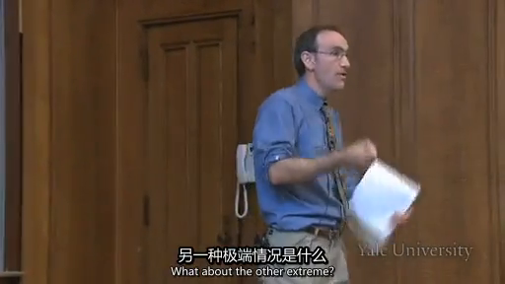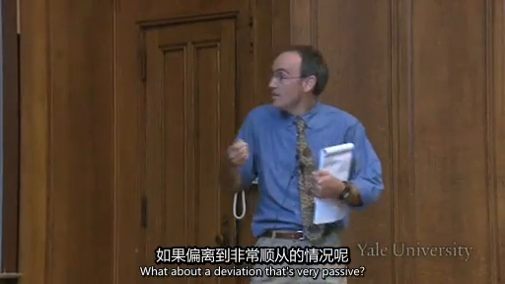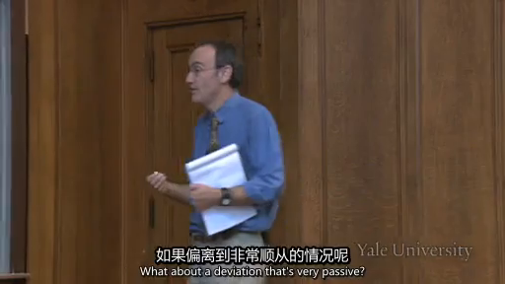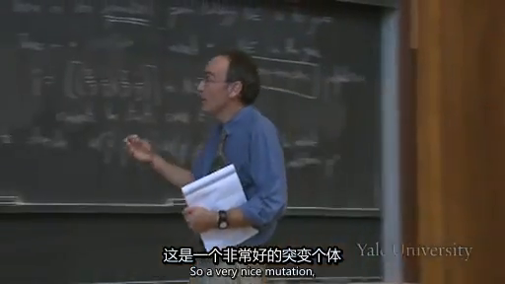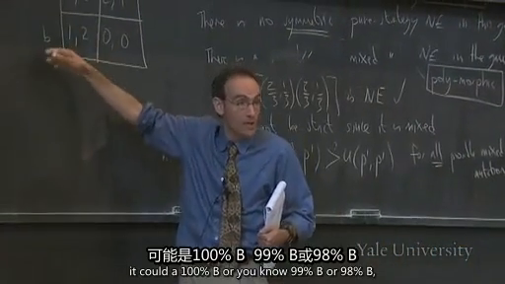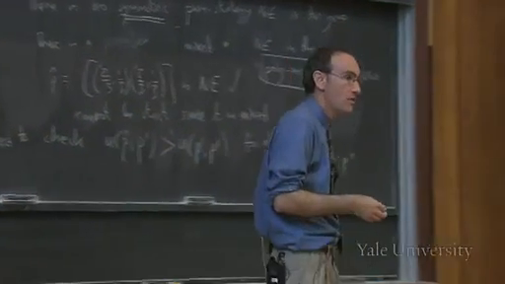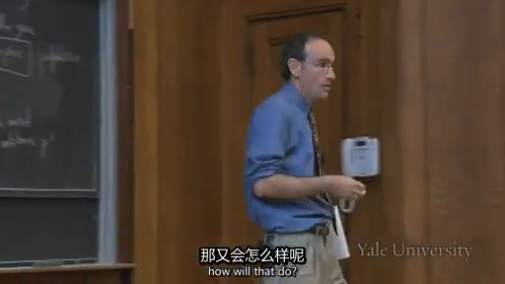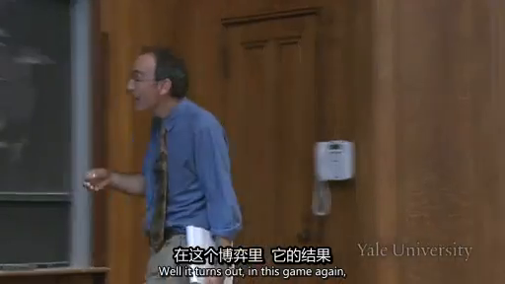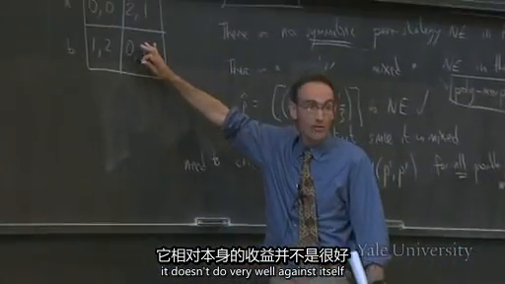What about the other extreme? What about a deviation that's very passive? A very nice mutation of very passive types. For example, it could be 100% B, or 99% B, or 98% B. How will that do? Well, it turns out in this game, it again doesn't do very well against itself.